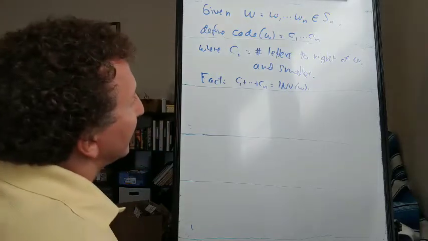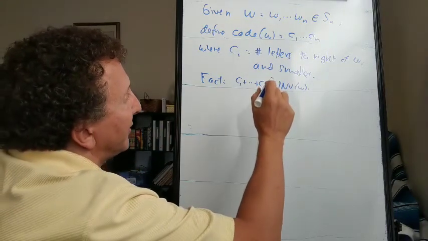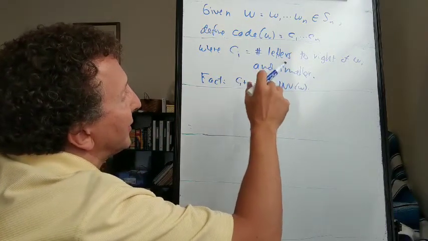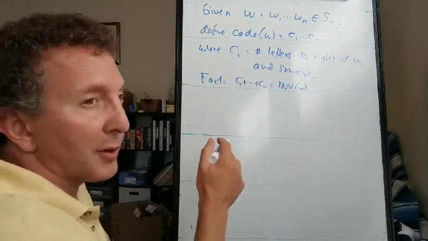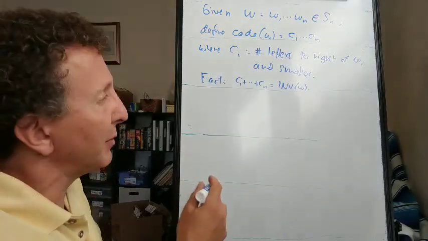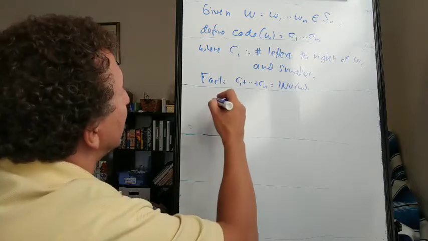Now there's another way. This is looking at all the inverted pairs from the point of view of the left larger number. We could also look at things from the point of view of the right smaller number.